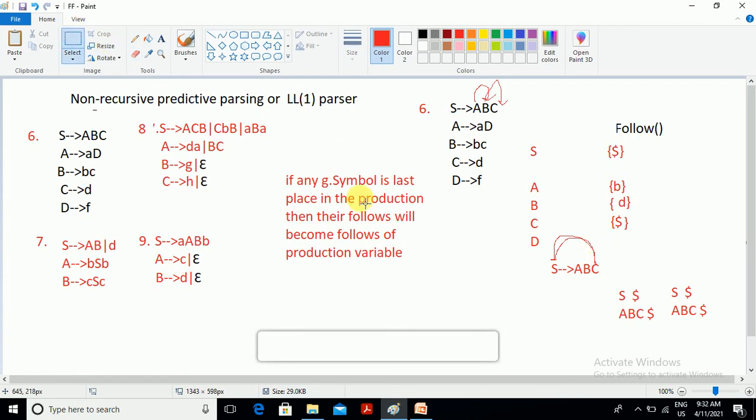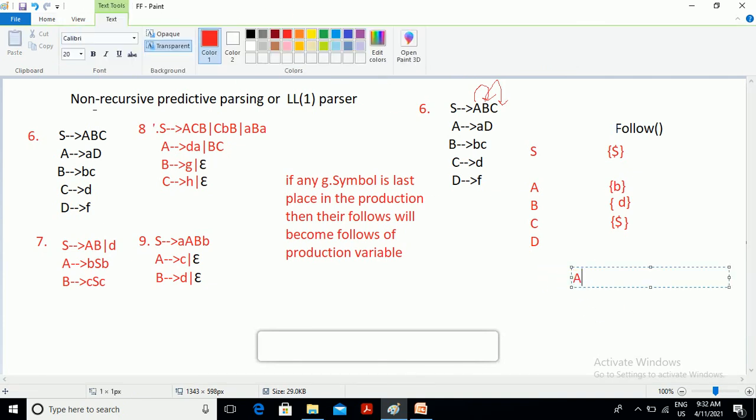How does it become a follow of D? We'll again cross verify with the replacement process. So what is actually the production of A? S derives ABC. Then A can also be replaced by AD.